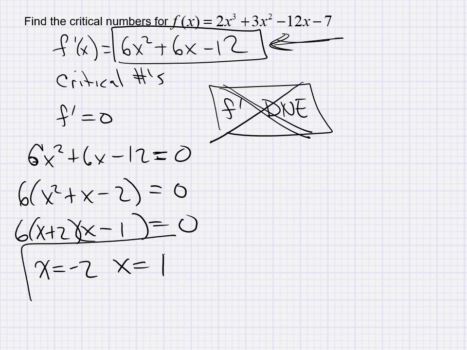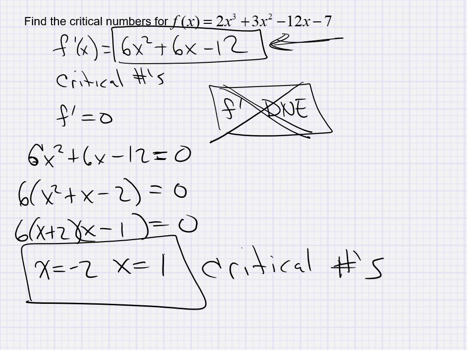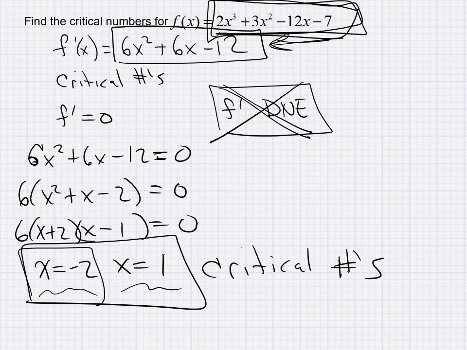So therefore, there are two critical numbers for this function, which tells me that there are two places that I could possibly have relative extrema. And these are the only two places that I could have relative extrema. But I'm not saying that both of them are relative extrema. It's just the only two places where this function could possibly have relative extrema.